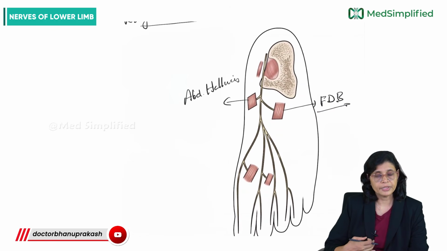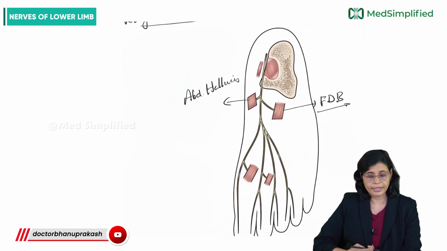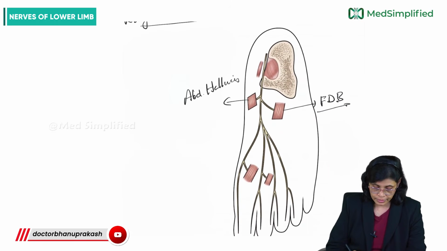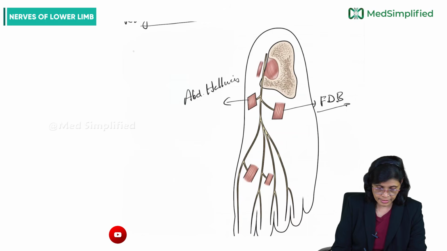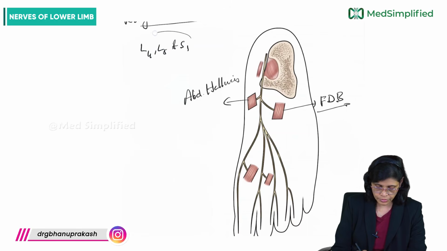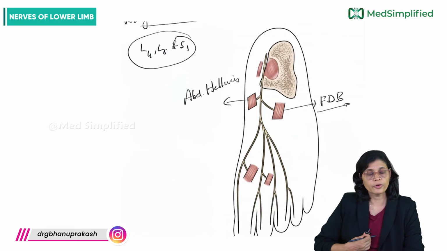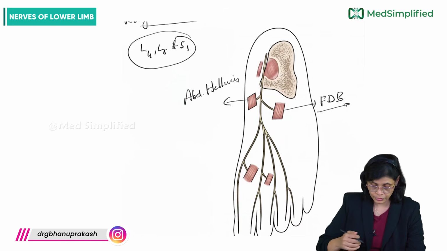This nerve is accompanied by the medial plantar artery on its medial side. The root value is the ventral rami of L4, L5 and S1.